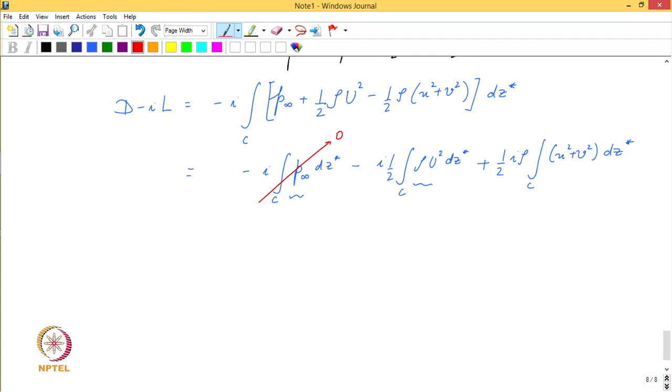So, this function will be 0. Similarly, this function will also be 0 because rho U square is a constant. So, integral of dz star over the closed contour is again 0. You basically have the same initial and final points. The last thing I want to tell you is that u square plus v square, which is basically the square of the velocity magnitude, could be written as u plus iv into u minus iv.